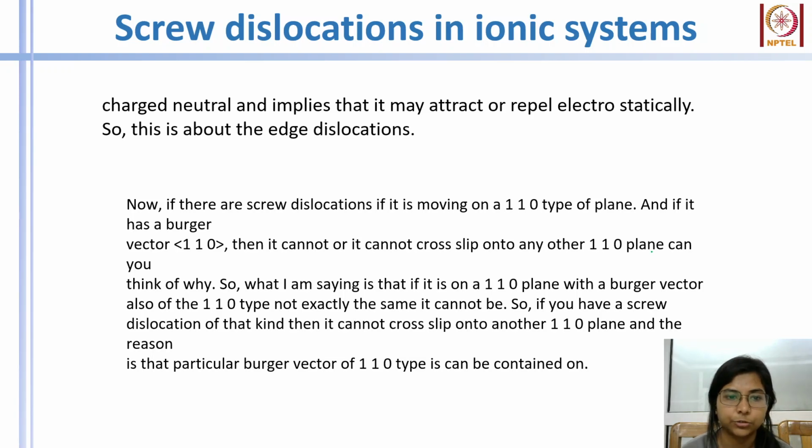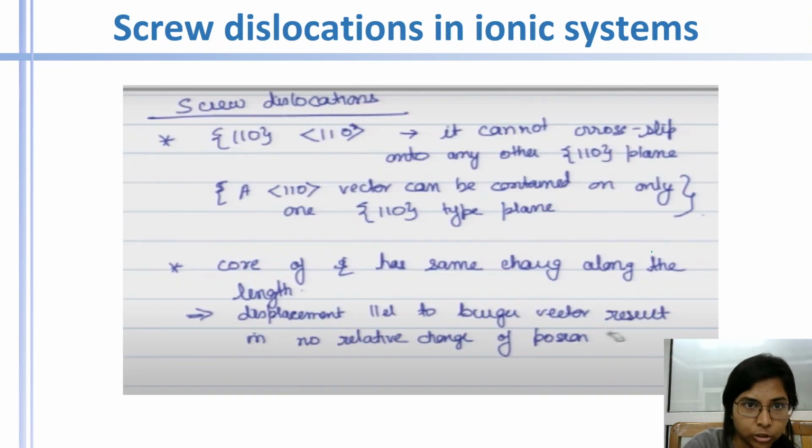The reason is that the particular Burgers vector is contained in only one 110 type plane. So the main understanding is that it cannot cross-slip onto any other 110 plane.